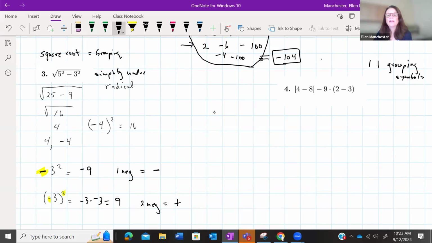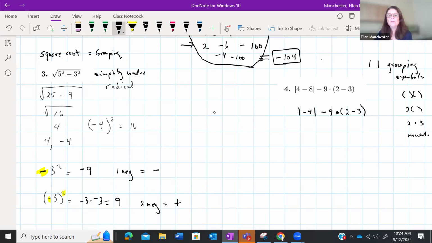All right, so inside the grouping symbol, the absolute value sign, we have 4 minus 8, which is -4. This little dot also means multiply. It's another way to show multiplication. So there's parentheses, there's a number with parentheses, there's a dot. It just depends on how it's written. But these all show multiplication.